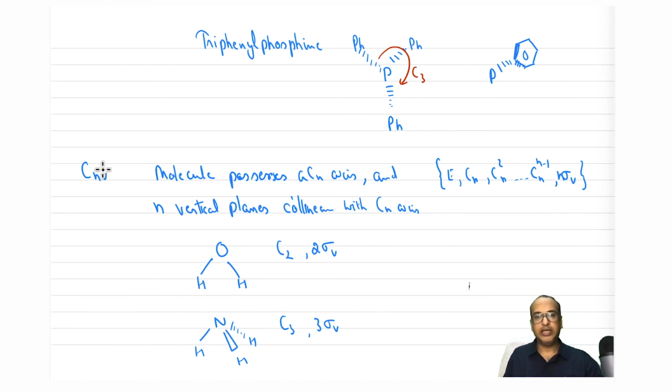So these are Cnv point groups, right? We can also see what the order of this particular group is. So the order here is 4, for example, and we can work out the order for NH3. Then the next single axis rotational point group is Cnh.